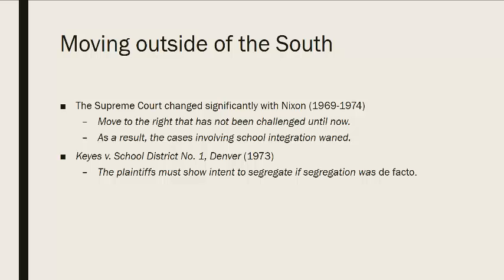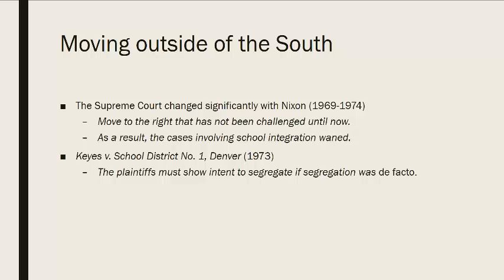And so unless there can be an intentional movement on a part of the district in these areas outside the South concerning de facto segregation, then the court is not going to step in and rule in a school's favor or a plaintiff's favor.